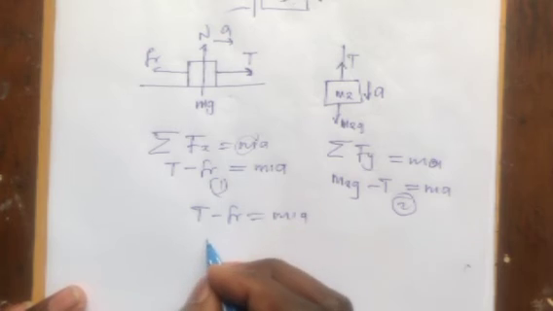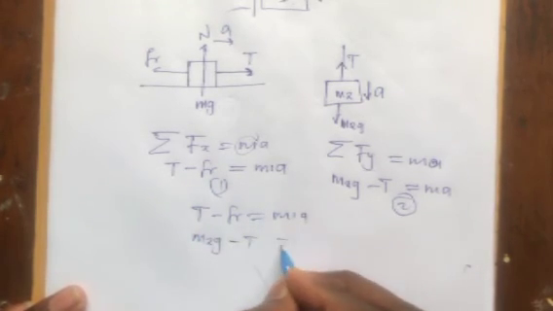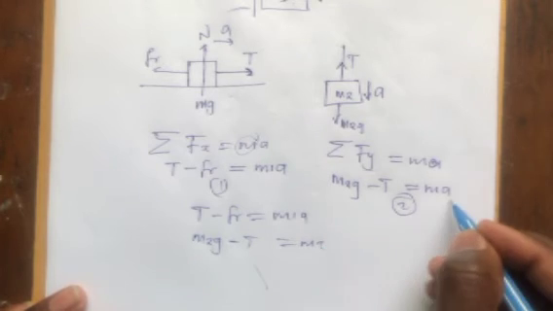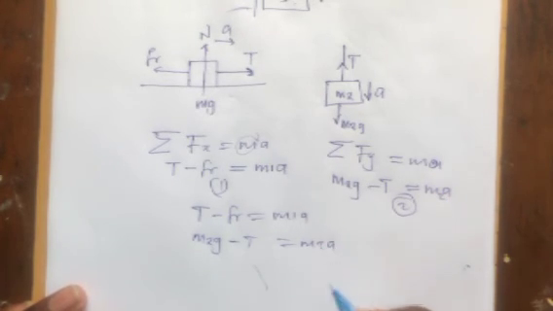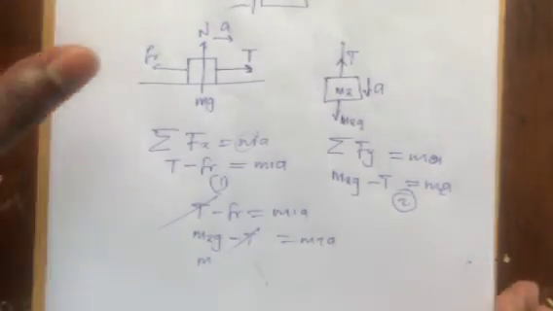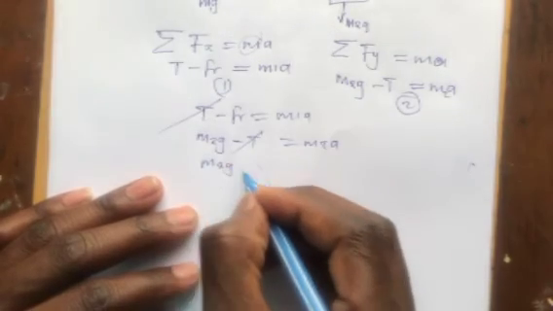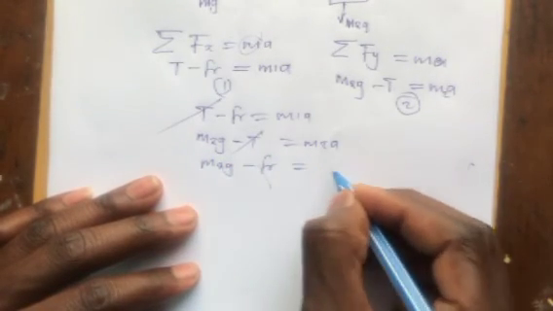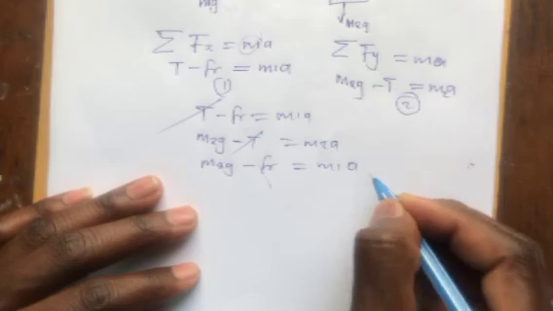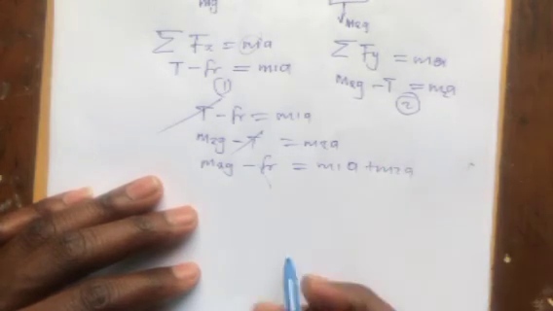Then we are going to have M2G minus T equal to M2, put 2 there, A. This and that will be cancelled also. We are going to have M2G minus friction giving us M1A plus M2A.